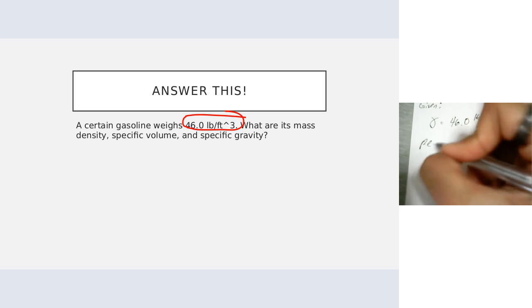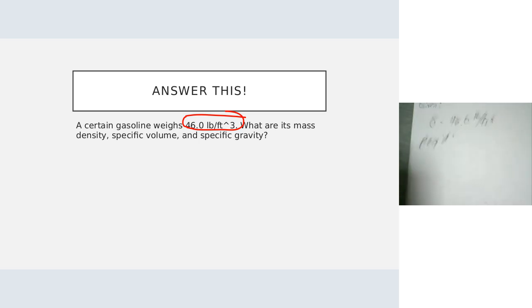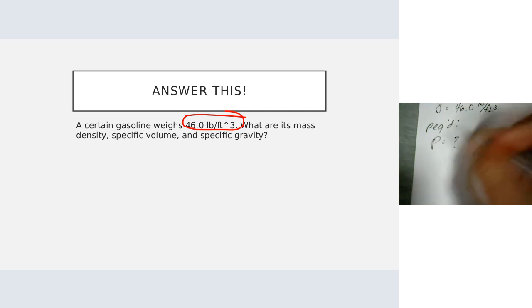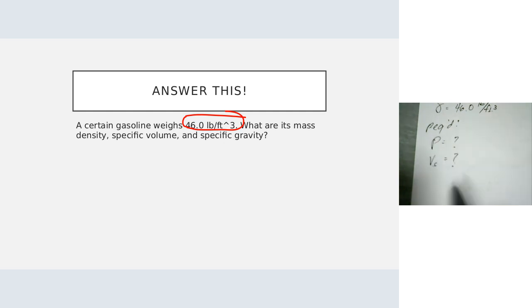And then we are required to determine the mass density, specific volume, and specific gravity.